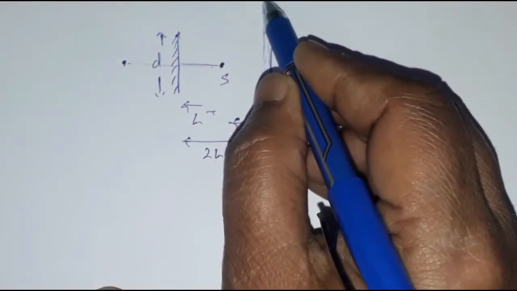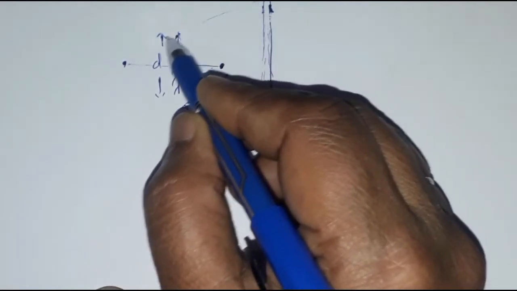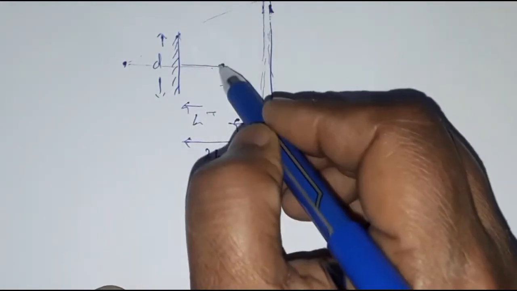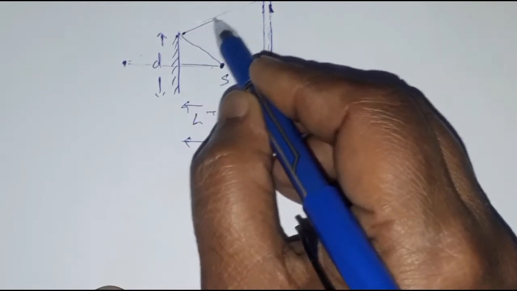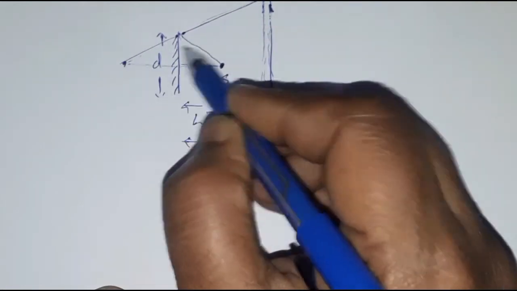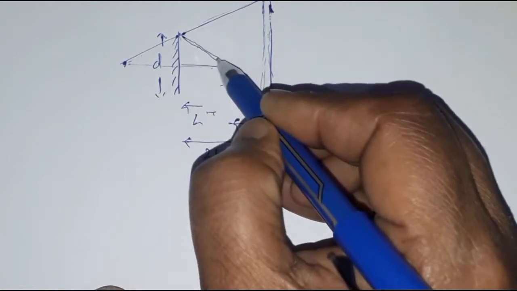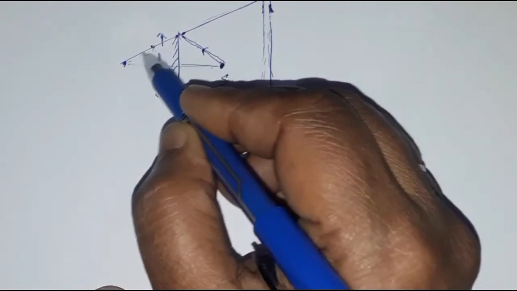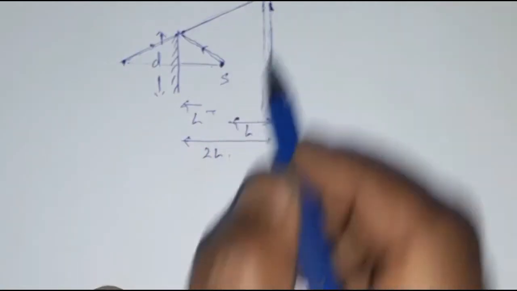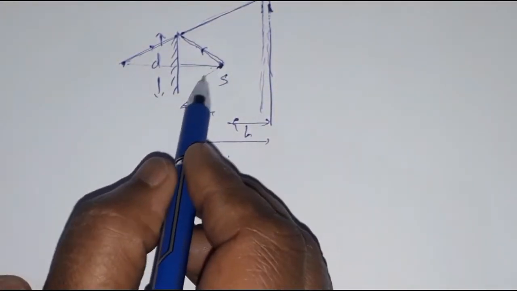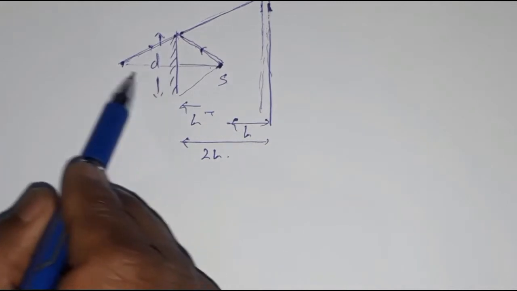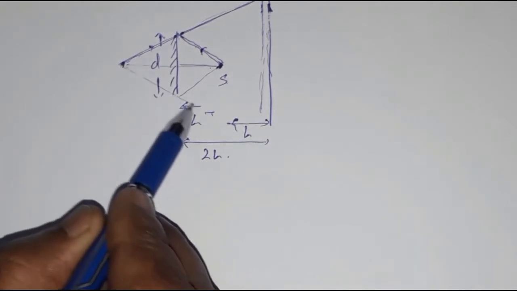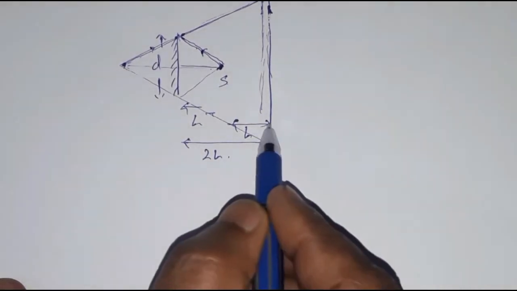So when the man reaches here, he can see the image of this object, because this ray is falling on the mirror and the image is seen here. Similarly, the image of this source in the mirror can be seen up till this point.